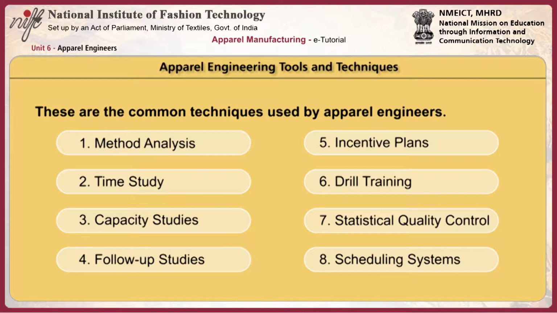There are a number of fairly common techniques used by apparel engineers that we would like to cover briefly. Some of these are important enough to deserve separate modules. For now, it is ideal that you are exposed to the following techniques. These include method analysis, time study, capacity study, follow-up studies, incentive plans, drilling training, statistical quality control and scheduling systems.